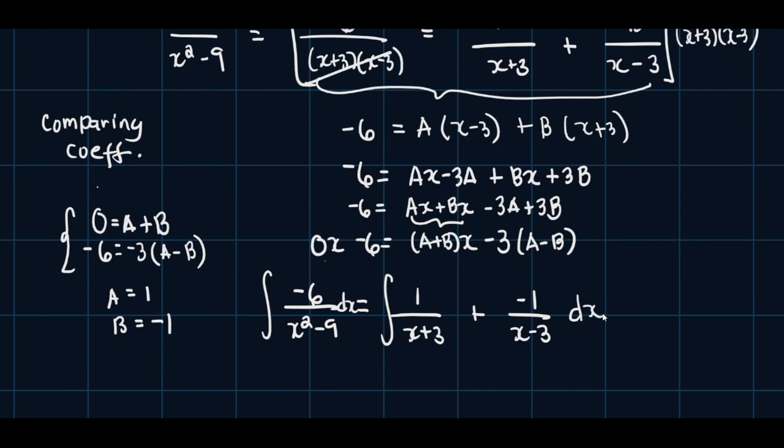Okay, now, let's consider again this equation that we got here. Negative 6 equal to a times quantity x minus 3 plus b times quantity x plus 3. So let me just rewrite it. Negative 6 equal to a times quantity x minus 3 plus b times quantity x plus 3.